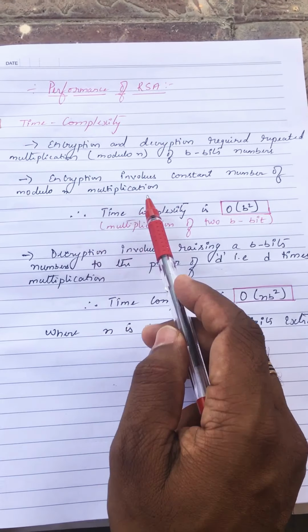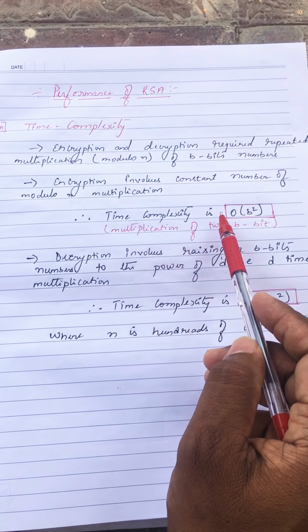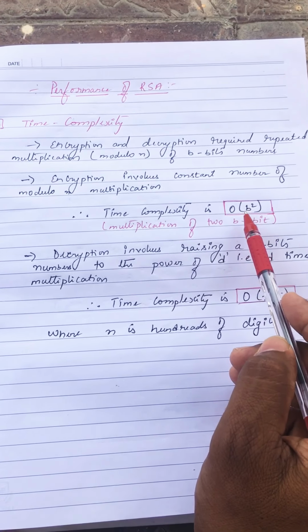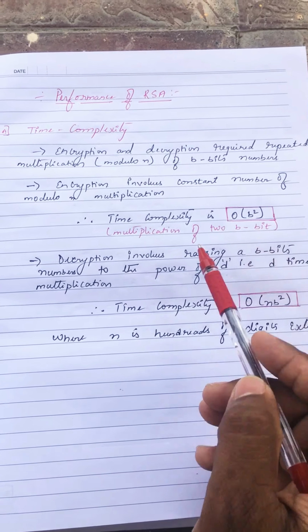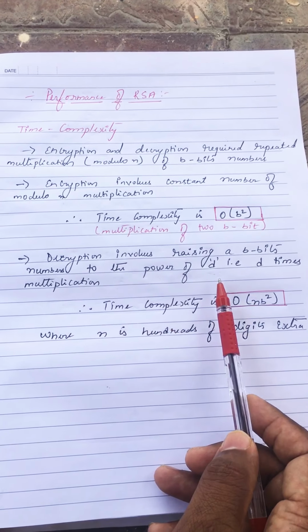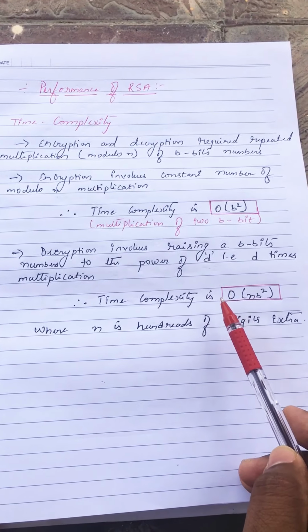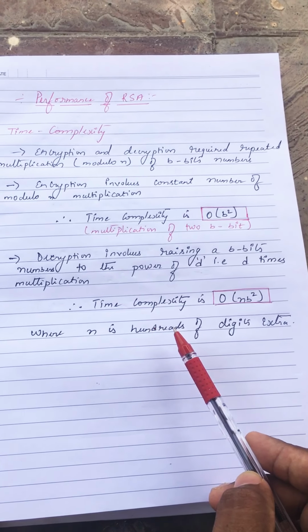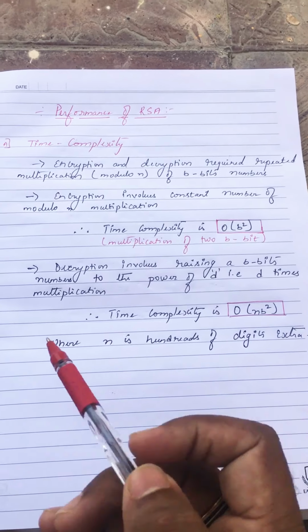Hence encryption involves a constant number of modulo n multiplications, so the time complexity is O(b squared), the multiplication of two b-bit numbers. Decryption involves raising a b-bit number to the power d, that is d times the multiplication. Hence the time complexity is O(n b squared), where n is hundreds of digits, extra digits that we append. Thank you guys.